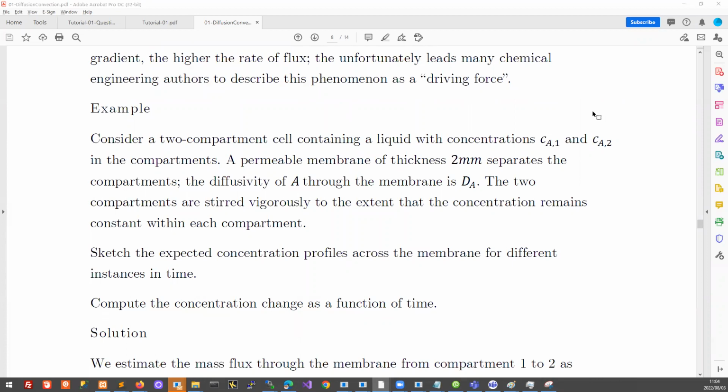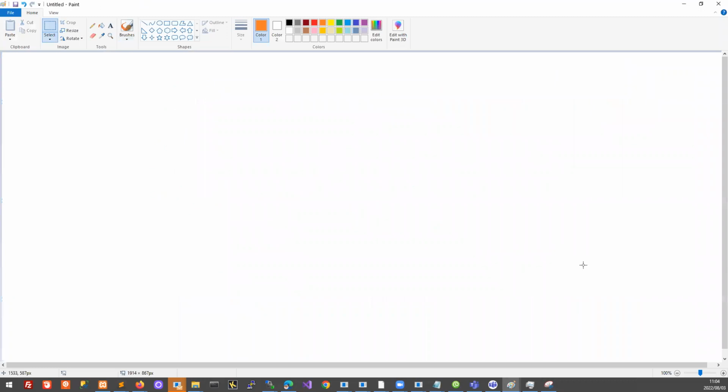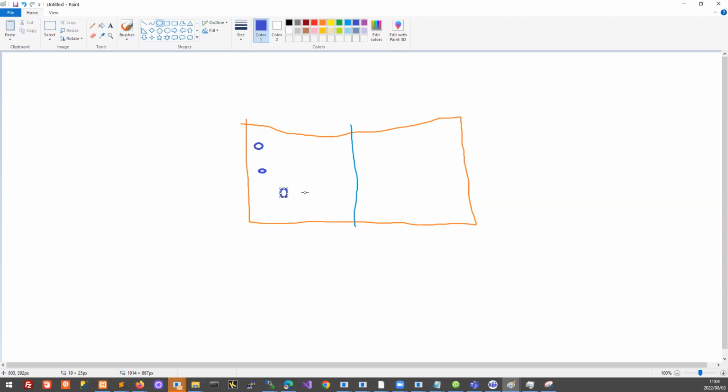So if we have a cell, or a container, that's partitioned into 2 cells, where initially we have our 2 species, so we have a partition here, and then we have our molecules sitting in each cell, and we've got a difference in the concentration. So we have a high concentration zone here and a low concentration zone here.